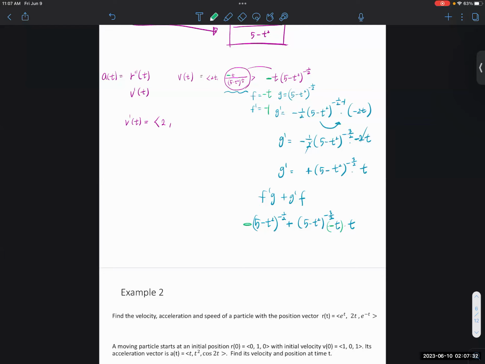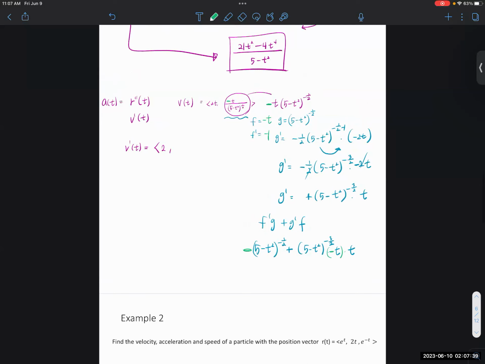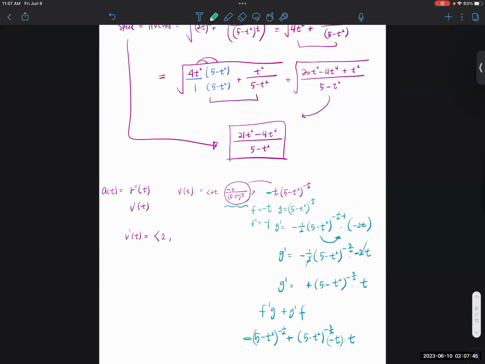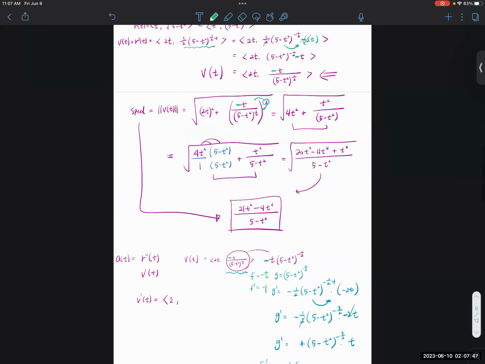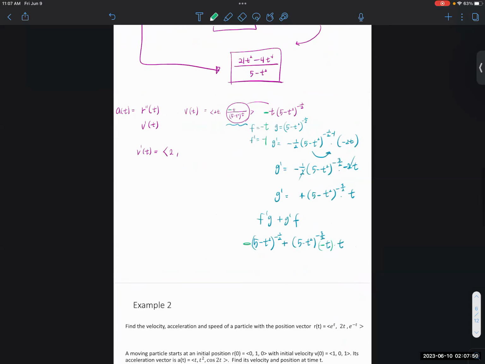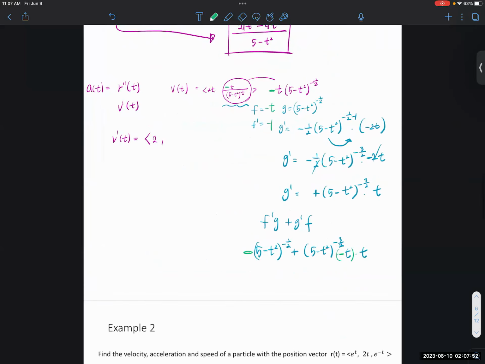But then let me just double check if I have any mistake here. Let me try it again. Sorry about that. Because once I have a mistake with the negative, we have all the mistakes. So let me just double check. We have f is negative t, f prime is negative 1, g is (5 minus t²) to the negative 1 over 2. So minus 1 over 2, and so on. Yeah, so far so good.